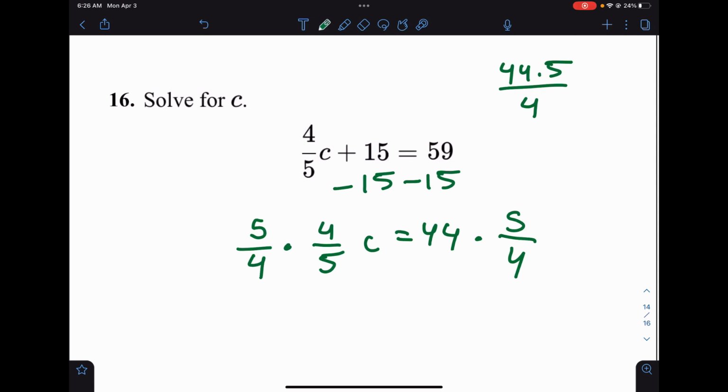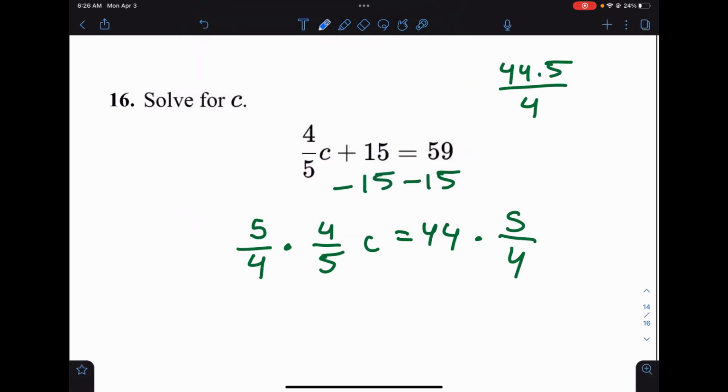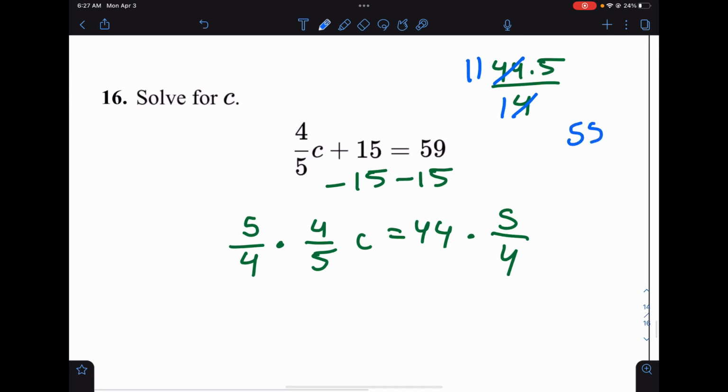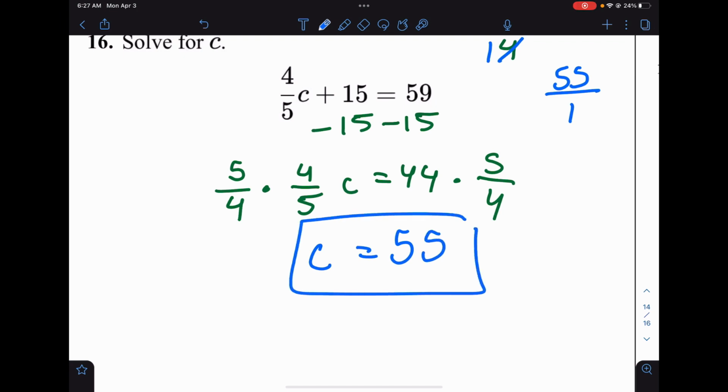Instead of doing 44 times 5, which is kind of tricky, I would simplify the 44 and the 4. 44 divided by 4 is 11, so this becomes 11, and this becomes 1. So we end up with 11 times 5 on top divided by 1, which is 55 over 1, which is just 55.